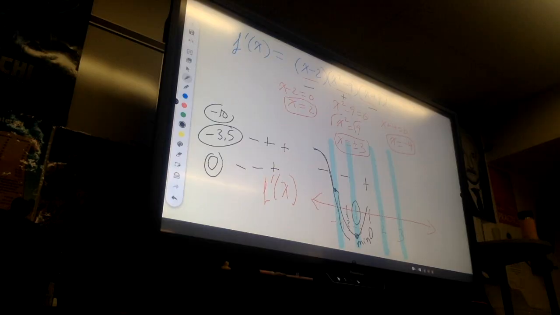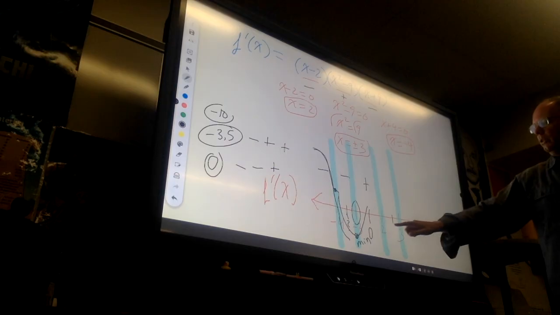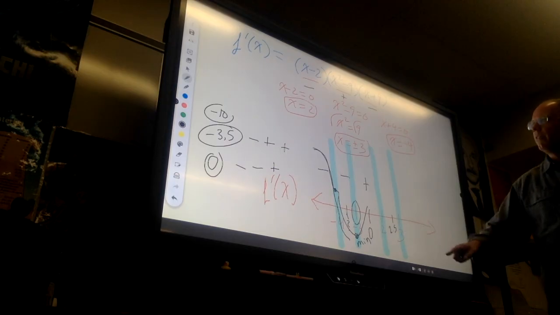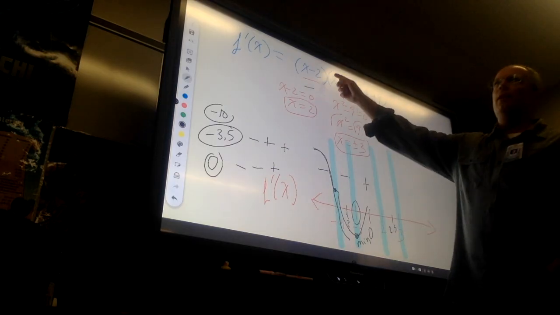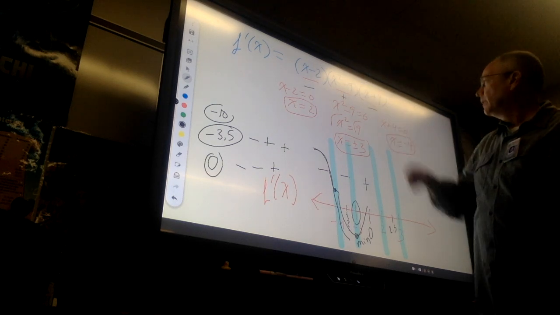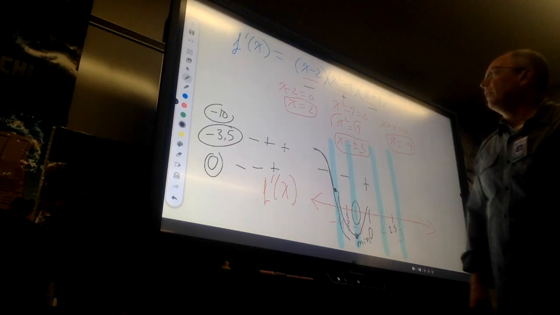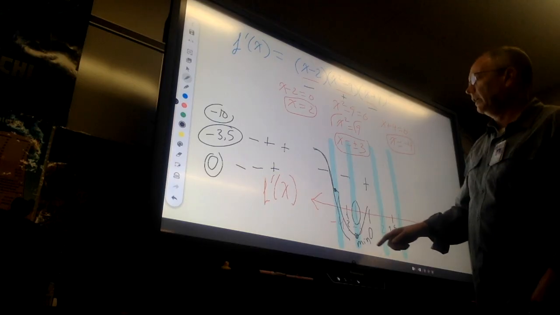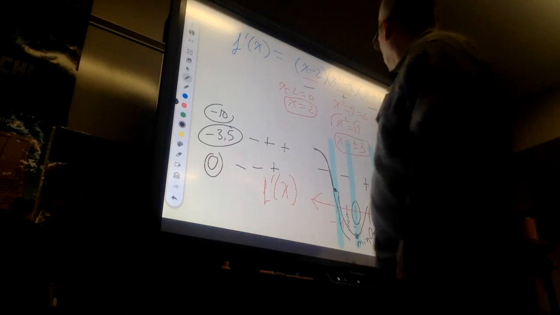And then if I were to pick something in between these two, like 2.5, plug it in. 2.5 minus 2 is positive. 2.5 squared is 6.25 minus 9 is negative.